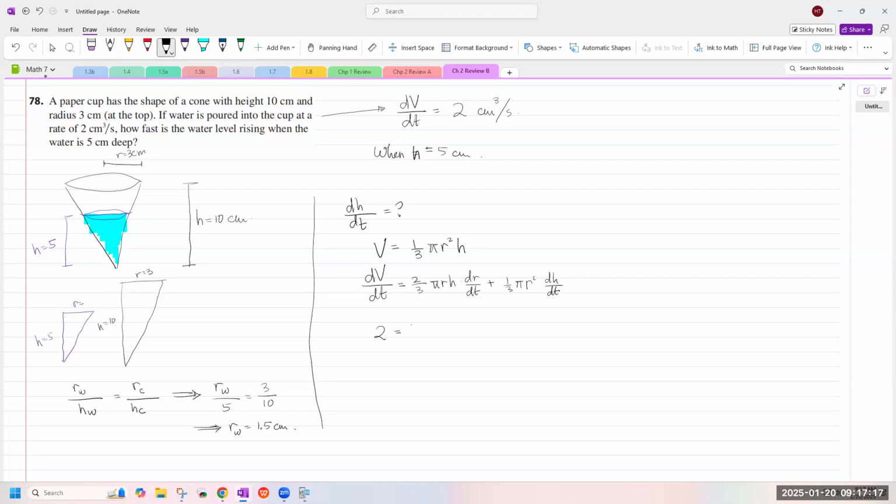Let me plug in numbers first. So this is 2, equals pi, the r is 1.5, the height is 5, so 1/3 pi 1.5 squared dH/dt.